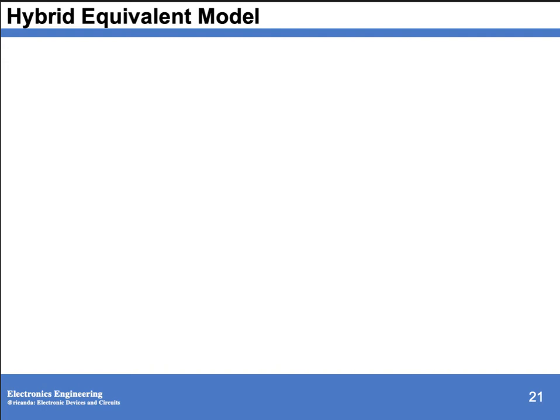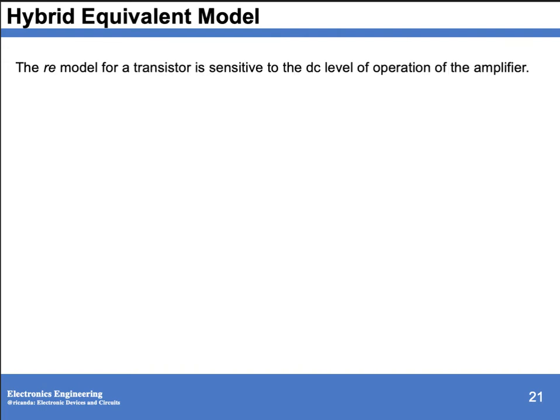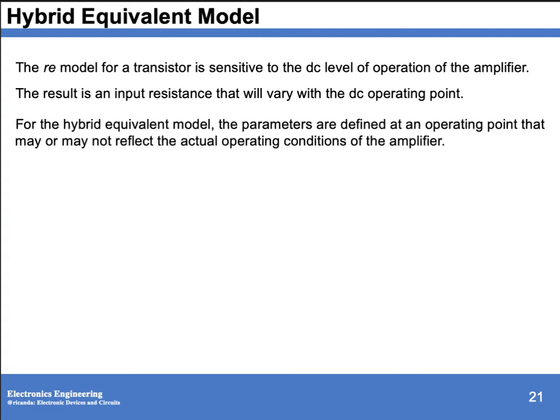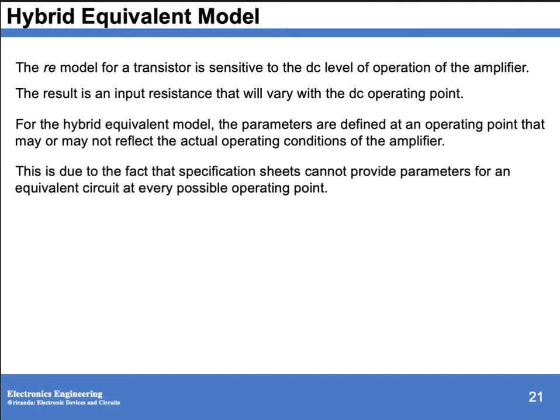For the hybrid equivalent model, since the RE model for a transistor is sensitive to the DC level of operation of the amplifier, the result is an input resistance that will vary with the DC operating point. For the hybrid equivalent model, the parameters are defined at an operating point that may or may not reflect the actual operating condition of the amplifier. This is due to the fact that specification sheets cannot provide parameters for an equivalent circuit at every possible operating point.